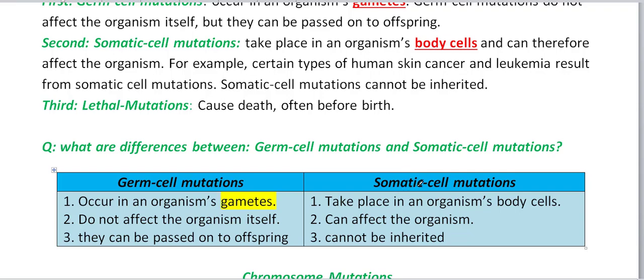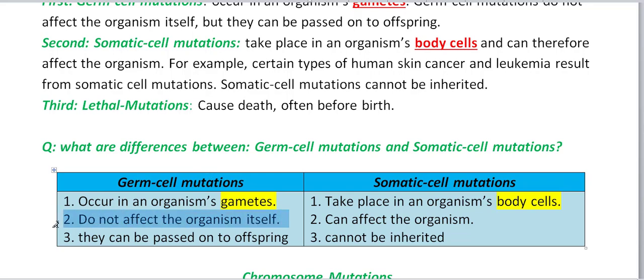While somatic means body, it occurs in the body cells, like skin cells, blood, connective tissue, epithelial tissue. All of these types of mutation that occur in our body except the gamete are called somatic cell mutation. The germ cell mutation does not affect the organism itself.